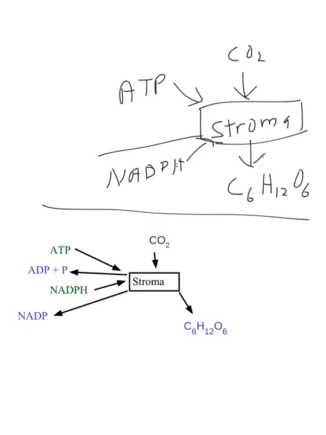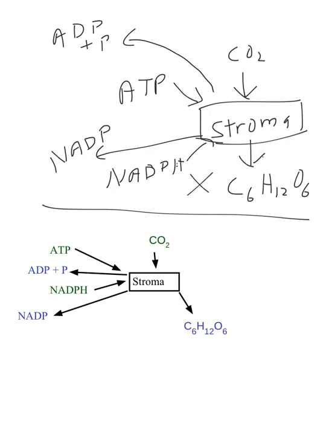NADPH no longer has its hydrogen, so now we have normal everyday run-of-the-mill NADP, and that can contribute to the light-dependent reactions. ATP, when it gives off its energy, you're really left with ADP and a free phosphate, and that also can be used in the light-dependent reactions. So if you want to, you can take this flowchart and the previous flowchart and put them side by side, because the reactions actually occurred as coupled reactions.